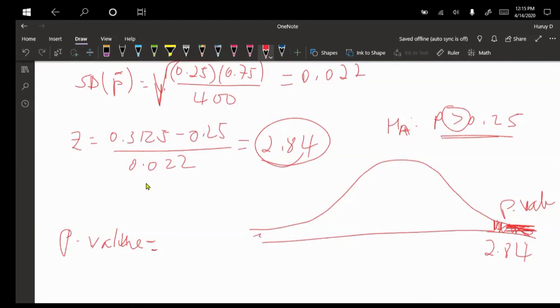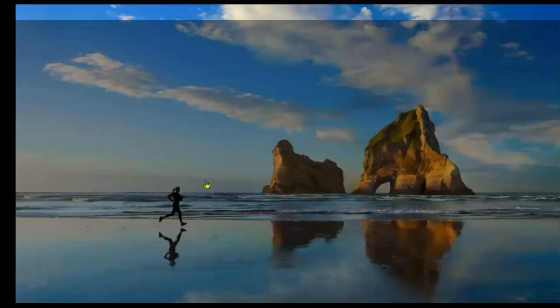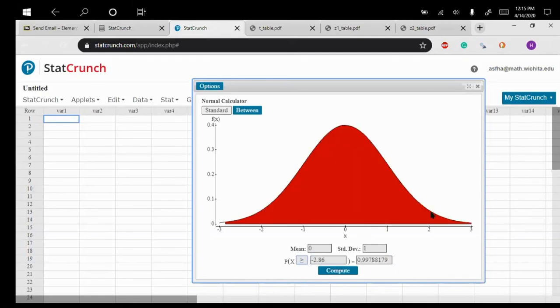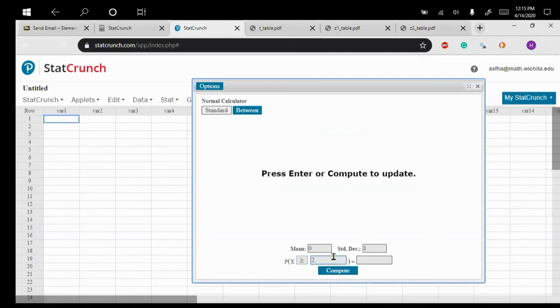So let's go to StatCrunch or the table, it doesn't matter. Here I will change this one to the greater sign because I'm trying to find the right side. And I will change this to 2.84.